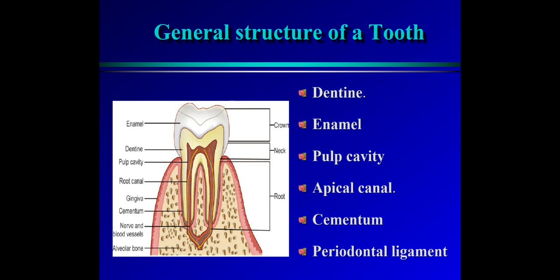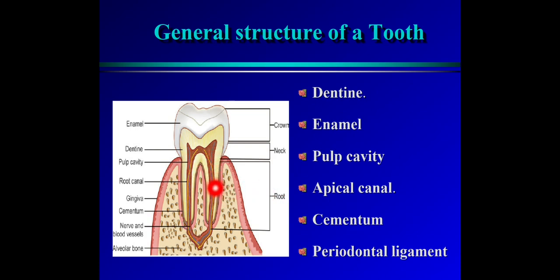So I will repeat what the structures present here are. This creamish colored major part of the tooth is formed by the dentine. The crown portion of the dentine is covered by a thick material called the enamel, white in color. Here the pulp cavity is the cavity within the dentine. This brown cavity seen within the dentine is the pulp cavity. The pulp cavity shows numerous blood vessels and nerves within it.